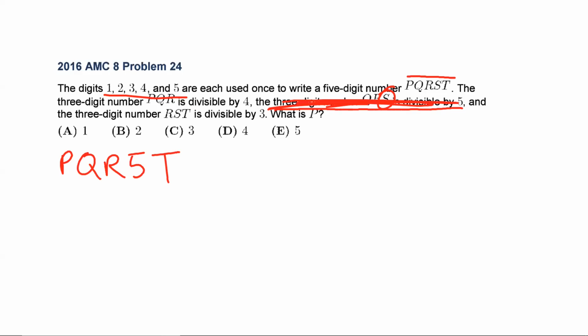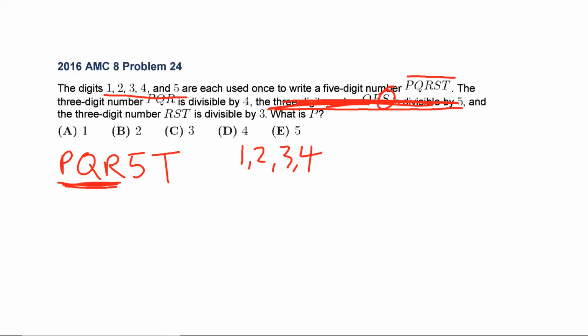So next, they're saying the 3-digit number PQR is divisible by 4, and RST is divisible by 3. And remember that you have the numbers 1, 2, 3, and 4 left. So in order for something to be divisible by 4, the last 2 digits have to be divisible by 4.